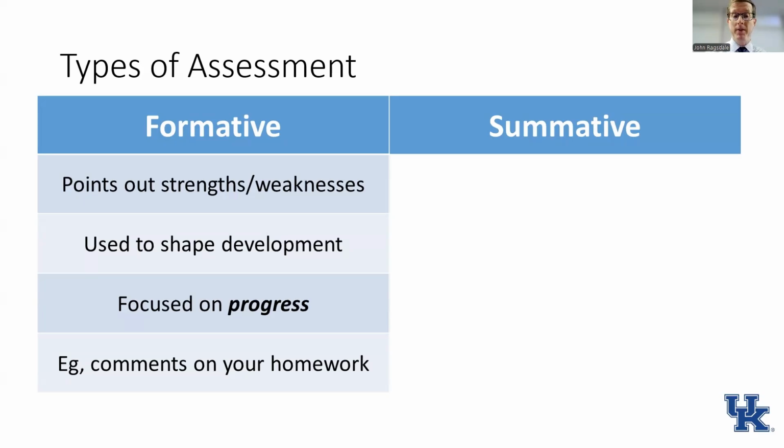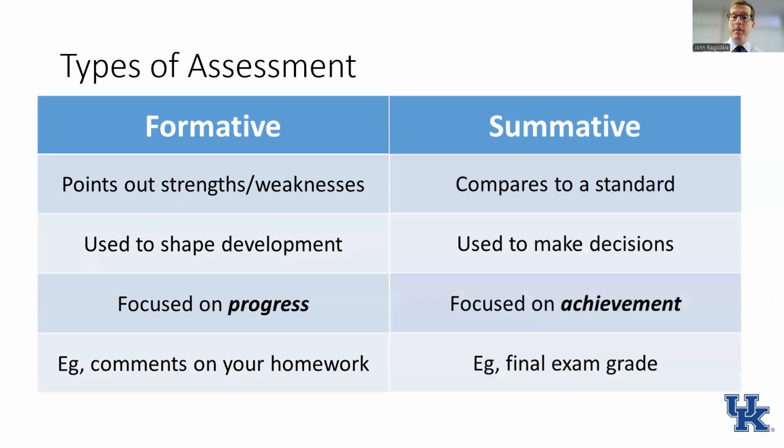And so the purpose of this is really to shape their development, to help them continue to make progress and get better. The analogy that I think is the easiest to comprehend is the comments you might get back on your homework. You turn in your homework and then you get it back from the teacher and it has all the red marks, and that's the formative assessment about how you did and how you need to improve.